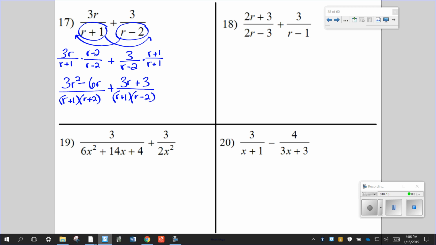There should be a minus sign. My apologies, r minus 2. Now we add right across the top and we combine like terms. We'll get 3r squared, negative 6r plus 3r. It's going to be a negative 3r.